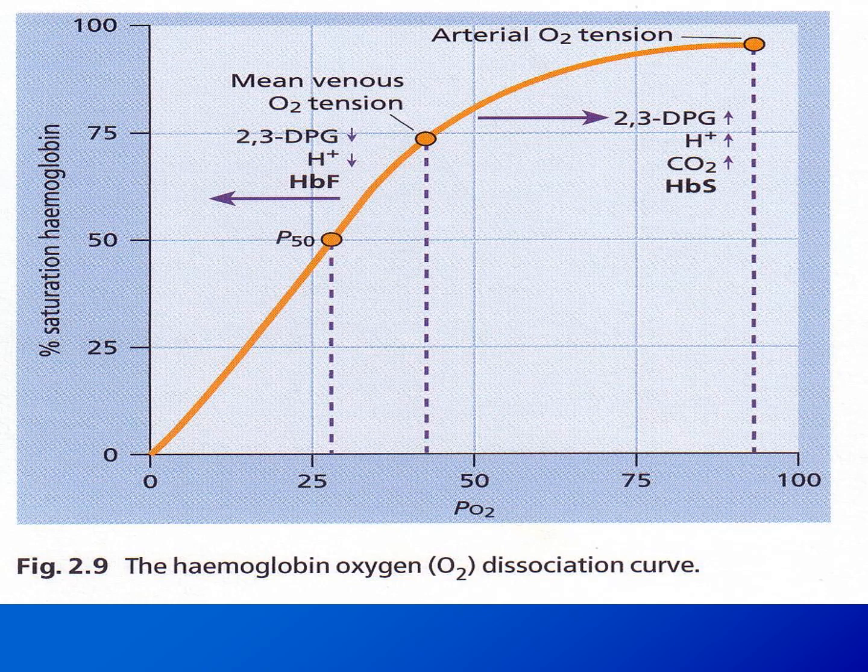However, alkalosis, hemoglobin F, and decreased 2,3 DPG will shift the dissociation curve to the left, making the hemoglobin stingy and unable to deliver oxygen to the tissues. So acidosis, increased 2,3 DPG, CO2, and hemoglobin S will release the oxygen better to the tissues.